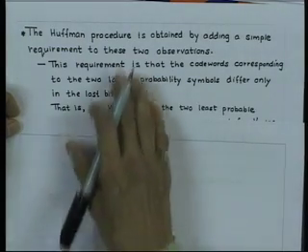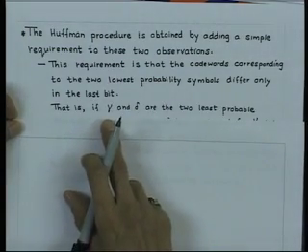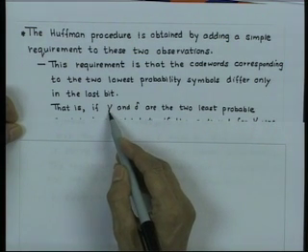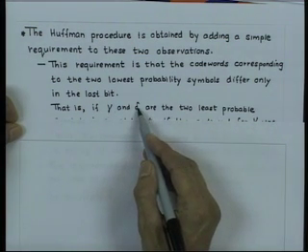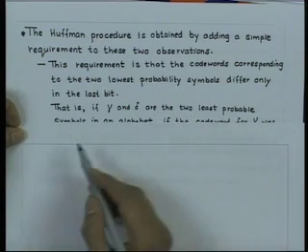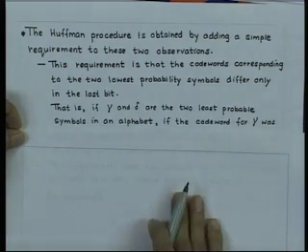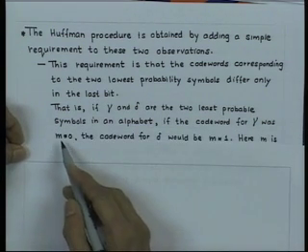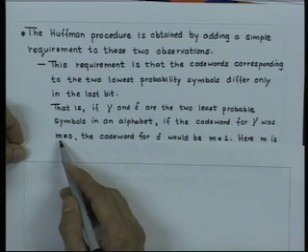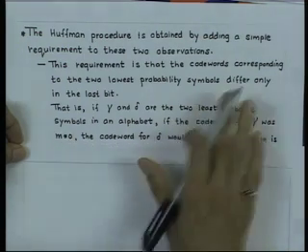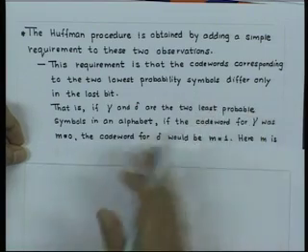Now, what we mean by this requirement is that if we have gamma and delta as the two least probable symbols in an alphabet, and the code word for gamma is M with the last bit 0, again we are assuming a binary alphabet.